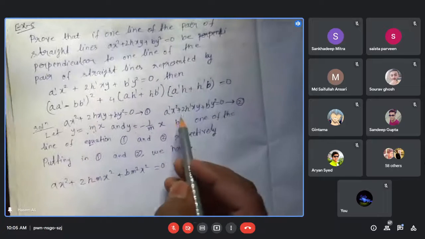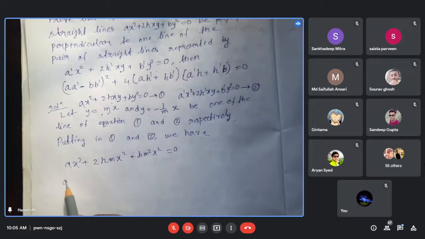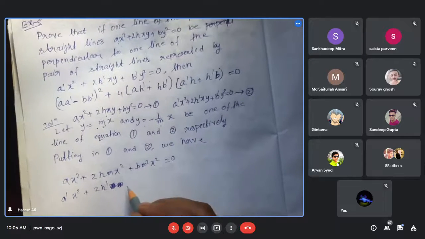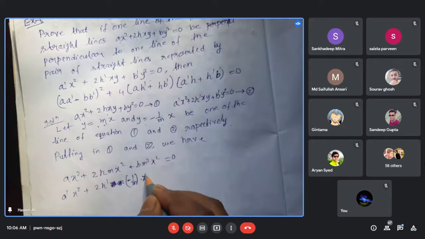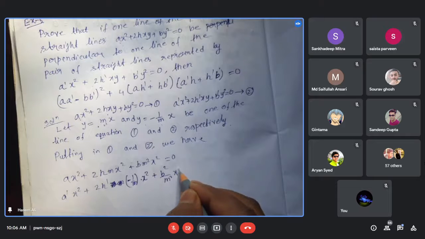And from equation 2, we have a dash x square plus 2h dash into minus 1 by m into x square plus b dash by m square into x square equals to 0.